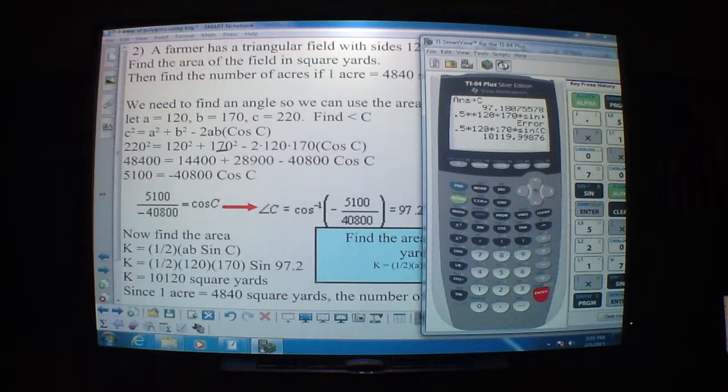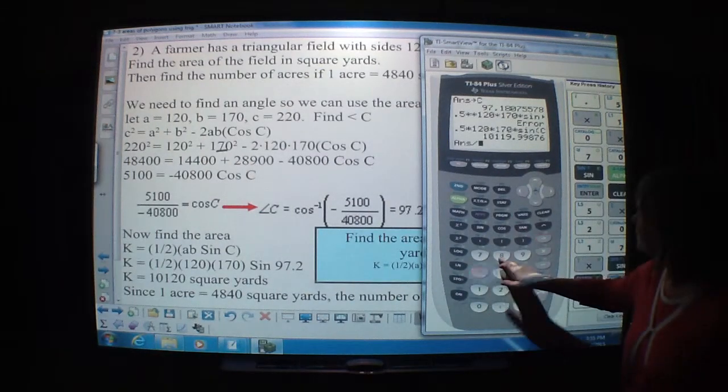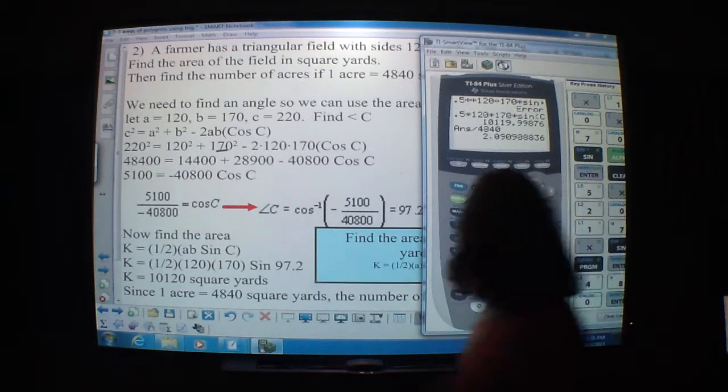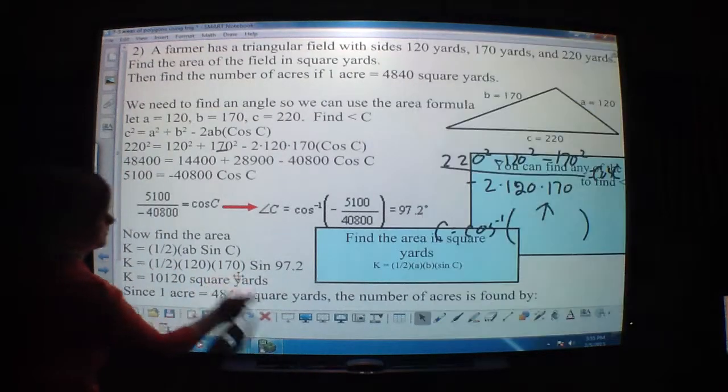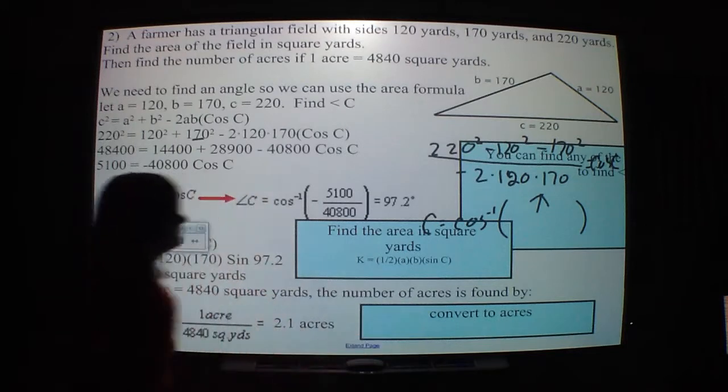Since 1 acre is equal to 4,840 square yards, to convert, I multiply 1 acre divided by 4,840 square yards times my answer, and I will get it in acres. So divide by 4,840. And there I have about 2.1 acres.